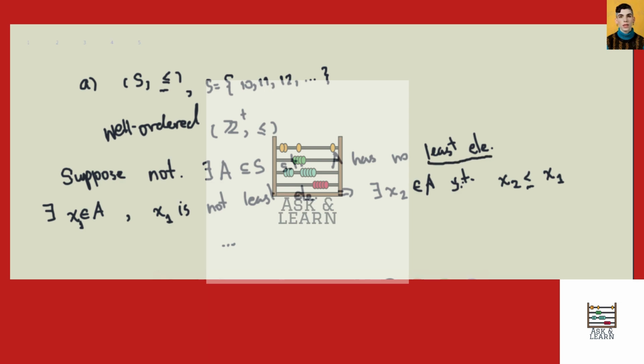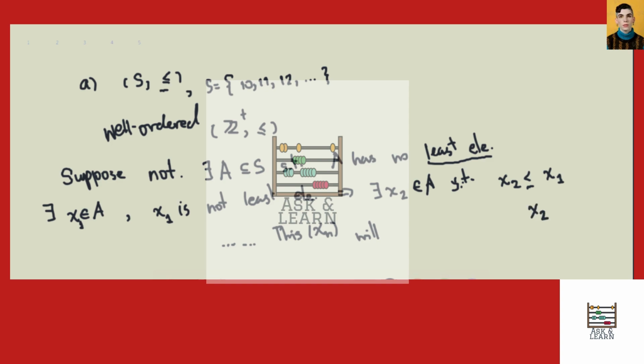That means there is something called X3 less than it, and it goes on and on. And this sequence of Xn is strictly decreasing, right?